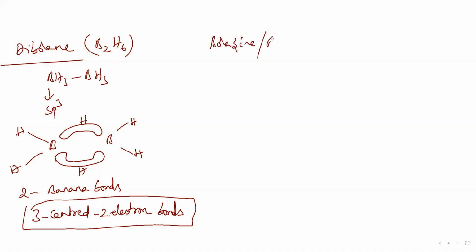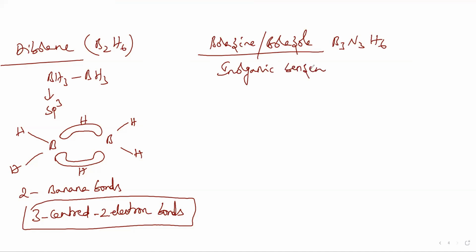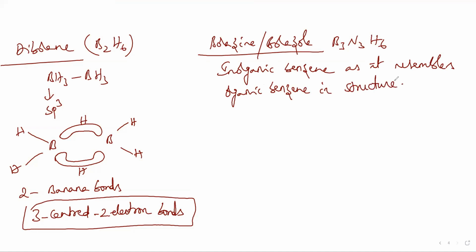Next compound, borazine or borazole. What is that? B3N3H6. This is also known as inorganic benzene, as it resembles organic benzene in structure, right?